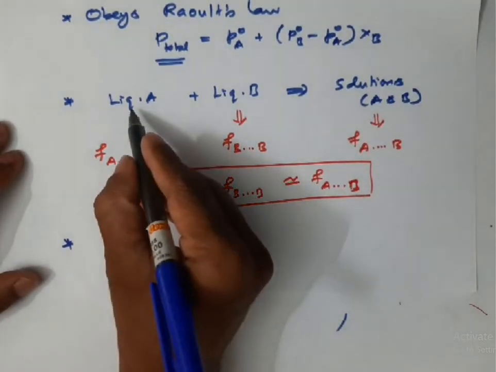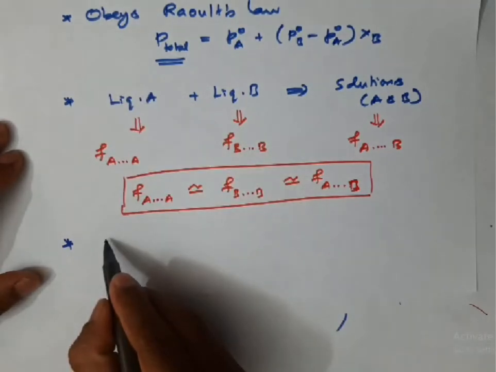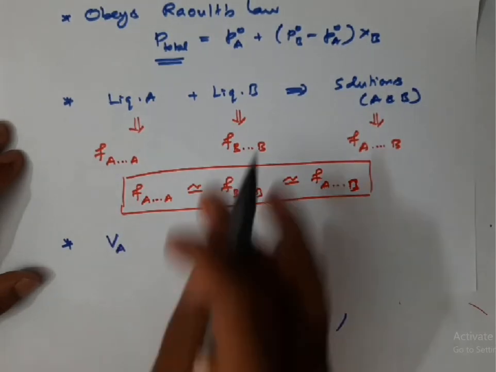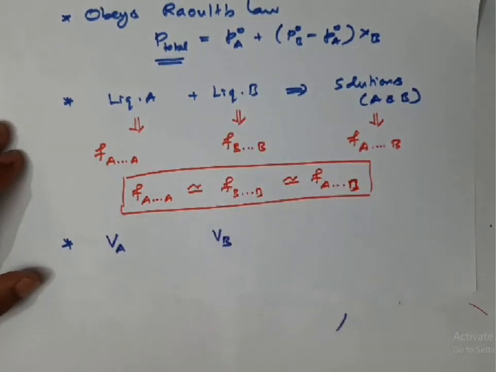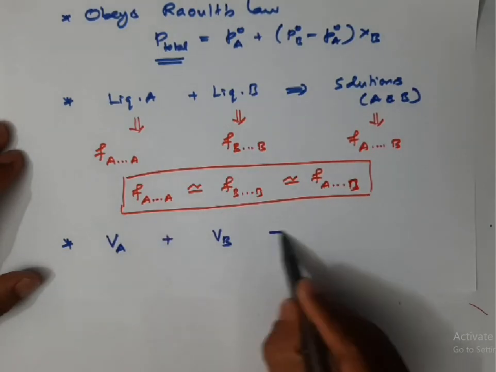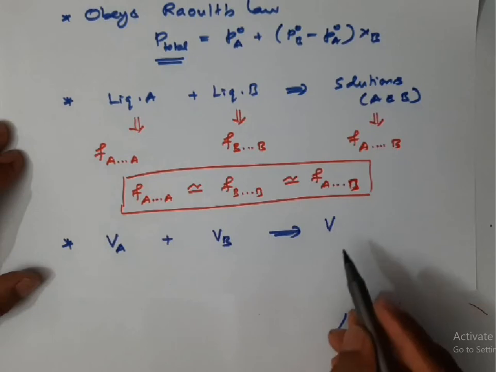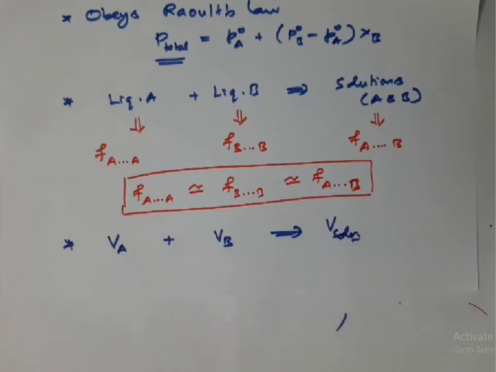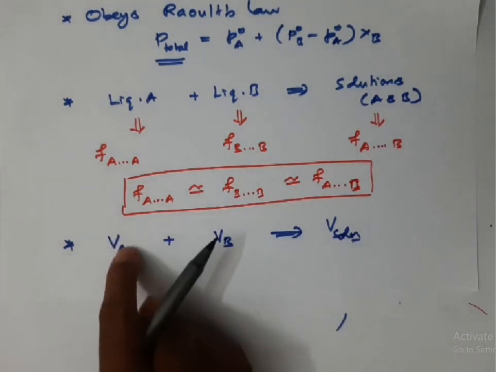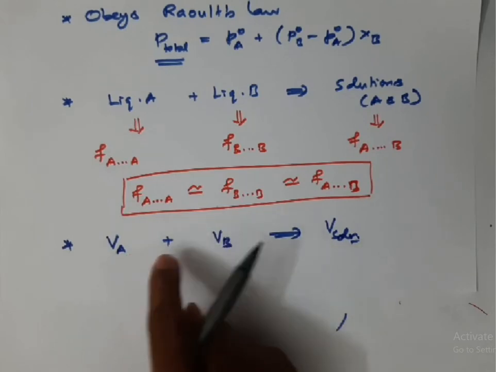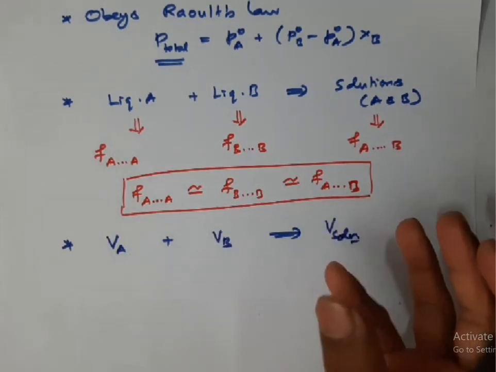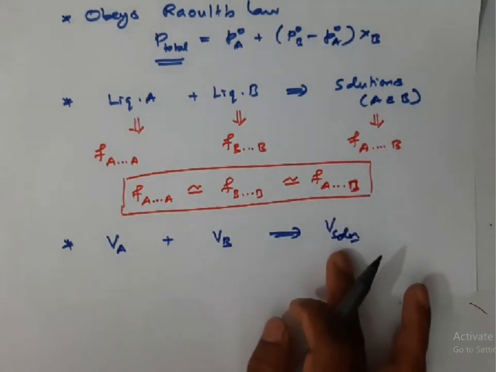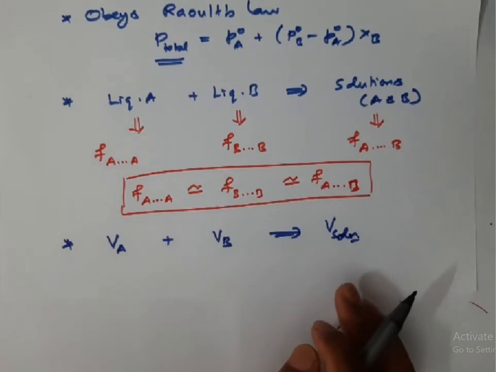Listen, suppose I take pure liquid A of some volume. Let the volume of pure liquid A be VA, and I take pure liquid B. Let the volume of pure liquid B be VB. I mix the two, forming a solution. I am representing the volume of the solution as V solution.